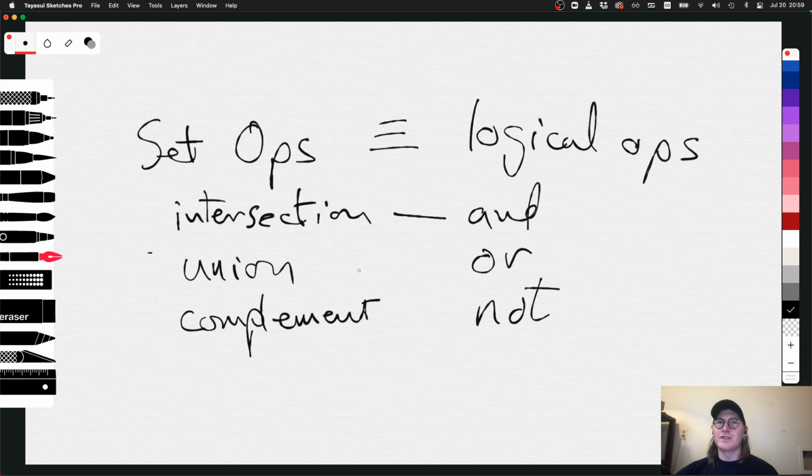I don't want to say these are the same thing exactly, but they're analogous enough that we can use them in almost the exact same way. And we can actually rethink logic to be about sets, and vice versa. So we'll get into that in the next stats class.